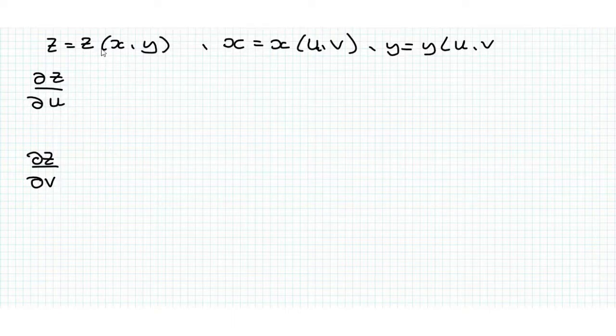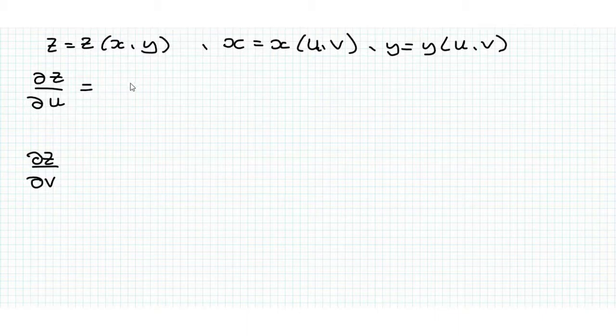So we can find partial dz by dx, partial dz by dy, and here we can find partial dx by du, partial dx by dv, partial dy by du, and partial dy by dv. So we want to use all those results to find dz by du and dz by dv, and we use the chain rule for this.